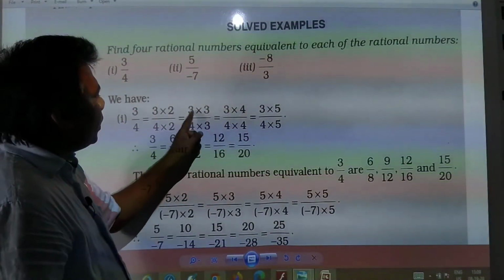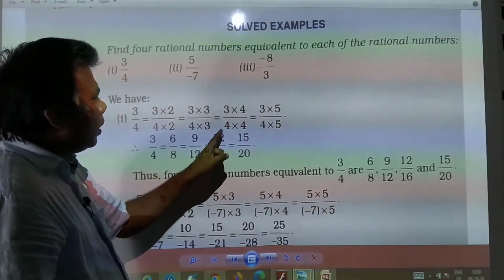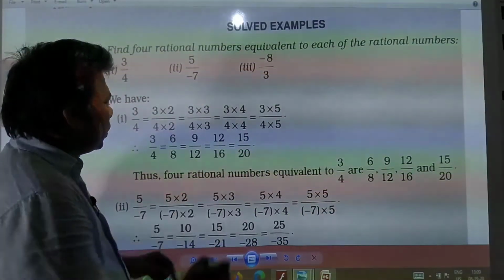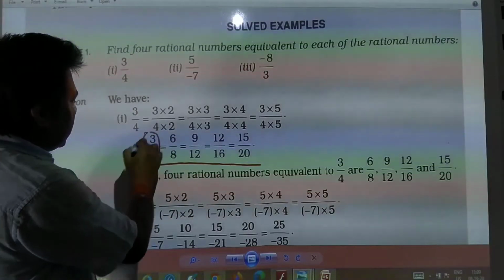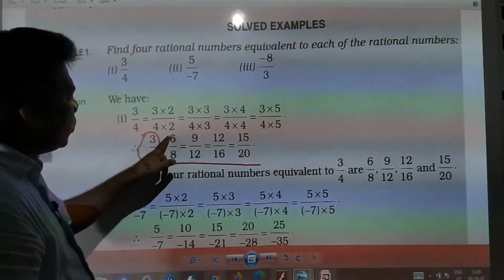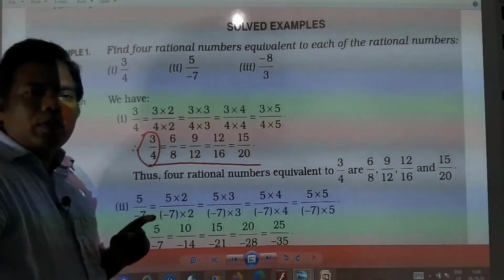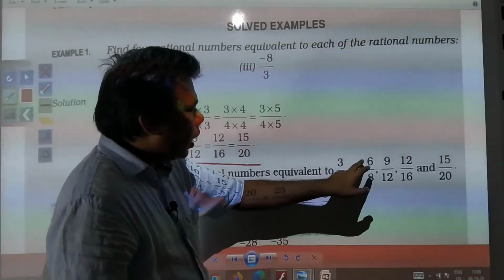By 3: 3 threes are 9, 4 threes are 12. By 4: 3 fours are 12, 4 fours are 16. And by 5: 3 fives are 15, 4 fives are 20. So all these numbers will be called equivalent rational numbers of 3 by 4. Thus 4 rational numbers equivalent to 3 by 4 are these.